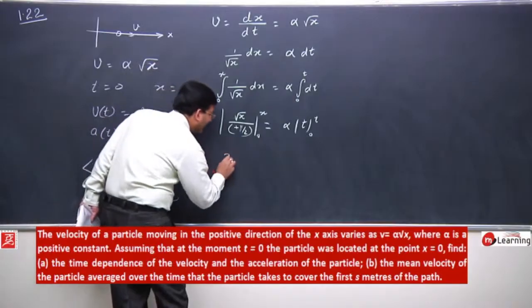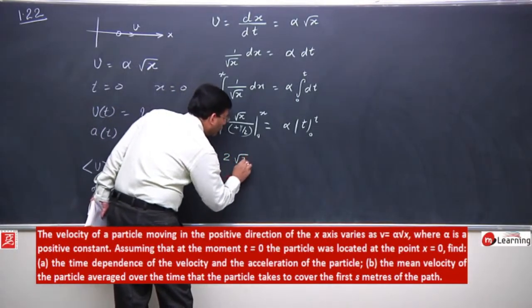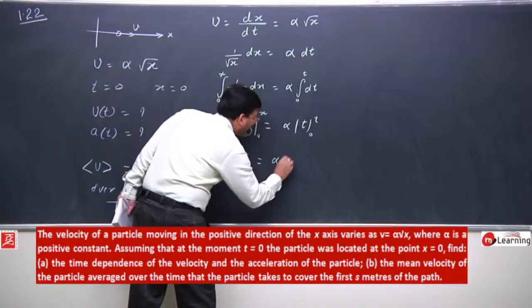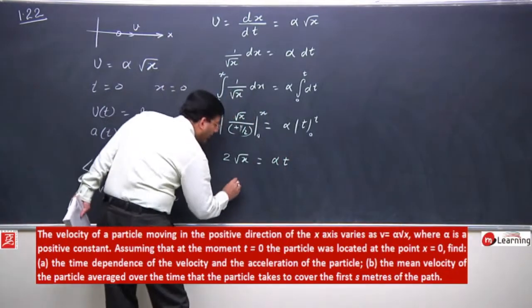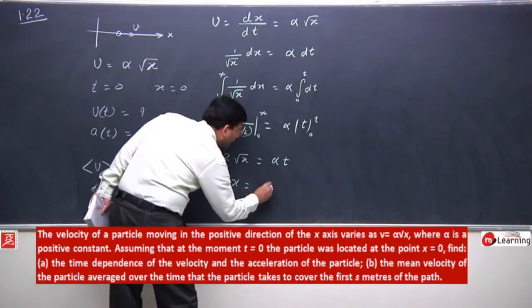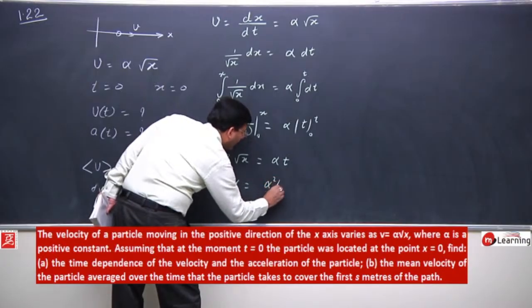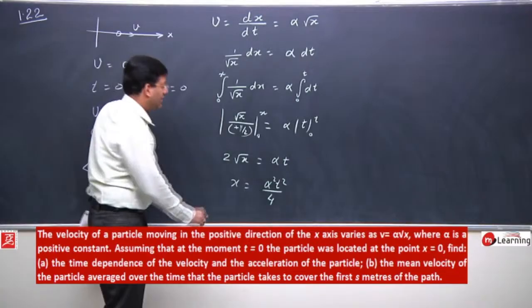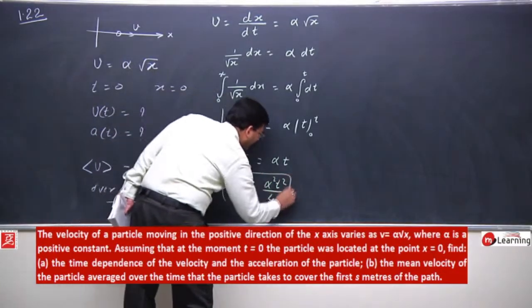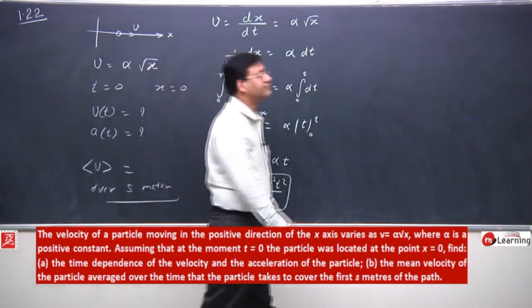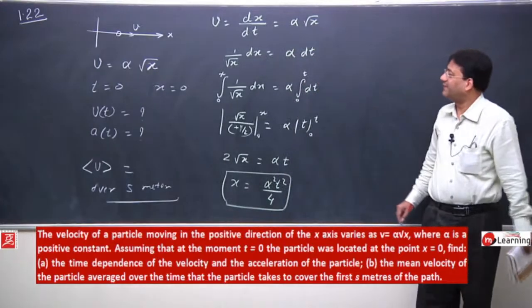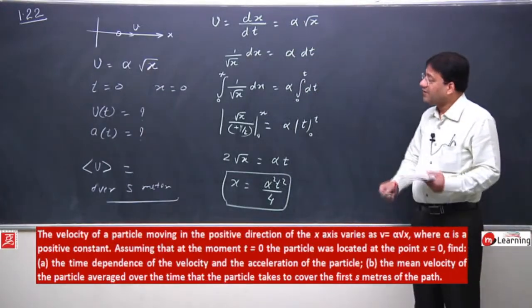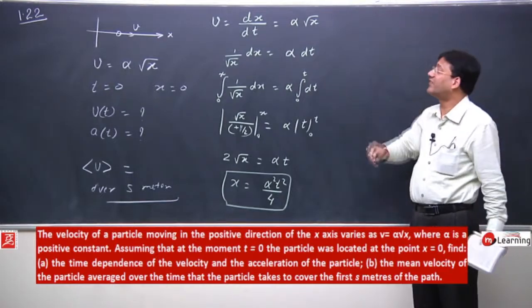Or I will say this 2 root x is equal to alpha t, or x is equal to alpha square t square by 4. This is displacement as a function of time. Now, we had been asked for velocity as a function of time.